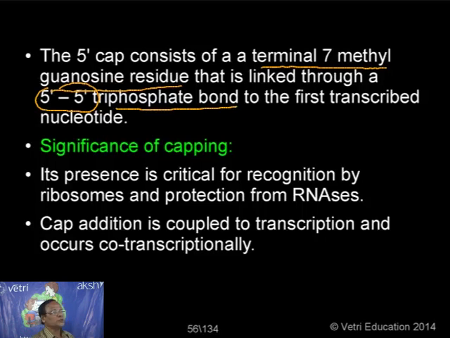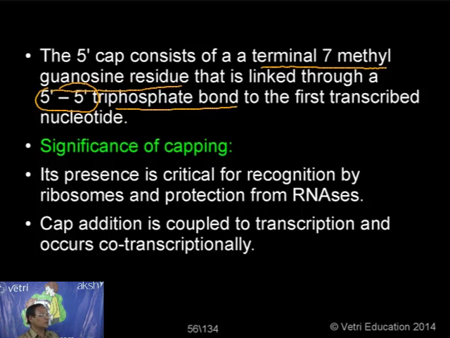So it is linked to the first transcribed nucleotide through a 5' triphosphate bond. The linkage between the first transcribed nucleotide and this component is through the 5' triphosphate bond.